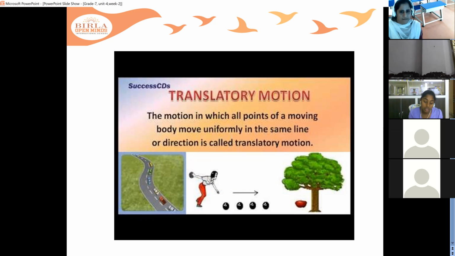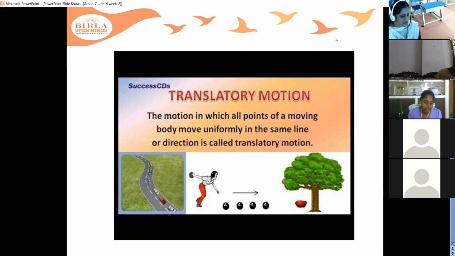Kinematics deals with the study of motion without taking into account the cause of motion. Dynamics is concerned with the cause of motion, namely force. There are three types of motions: translatory motion, rotatory motion, vibratory motion.